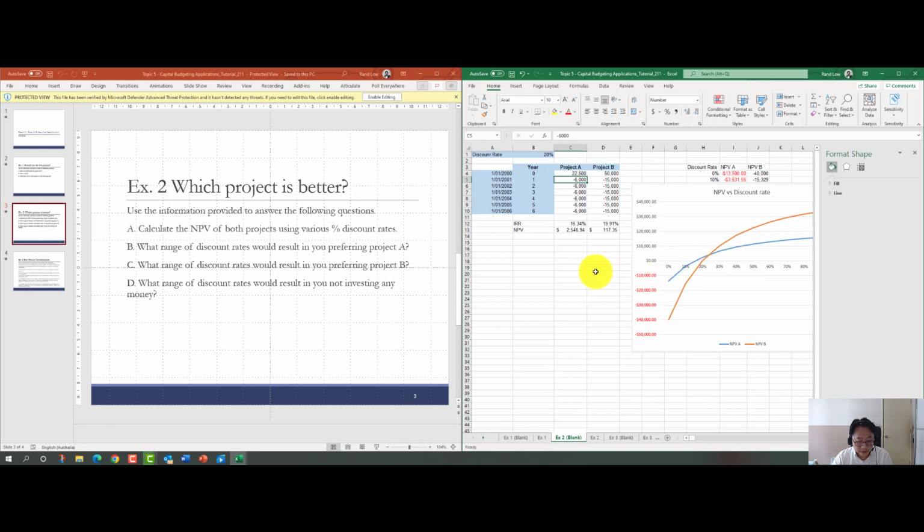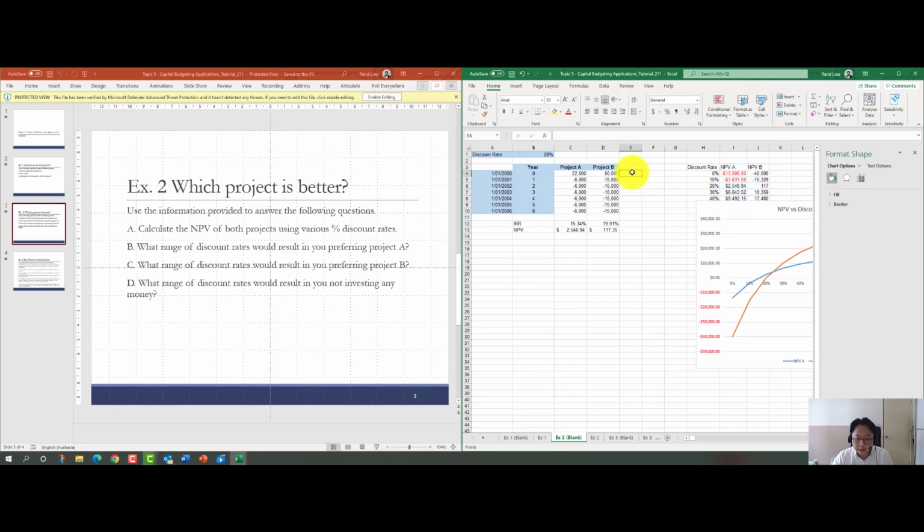So if we actually want to work out where they start to change, let's look at the difference in the cash flows. Go equals the IRR of this stuff.